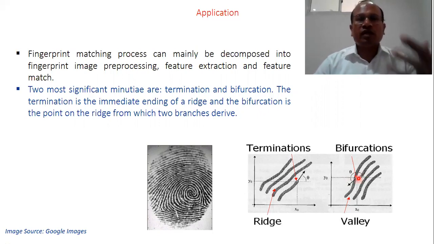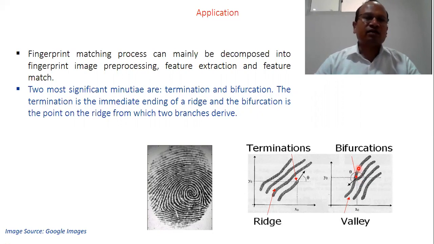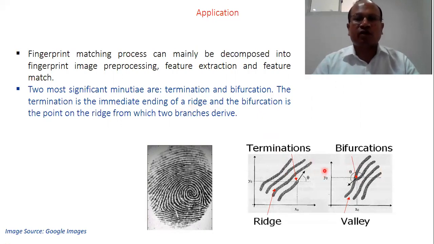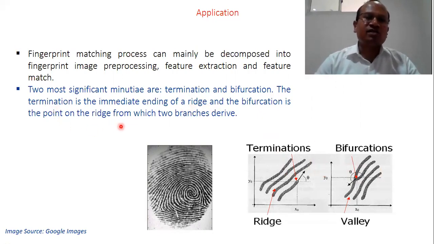Therefore, when we extract the features, it is better to use some fingerprint image enhancement method so that the image quality is improved and the features are correctly extracted. A termination is the immediate ending of a ridge. Bifurcation is the point on a ridge from which two branches are derived. You see here, two branches are getting derived. This structure is called a ridge, and this structure is called a valley.